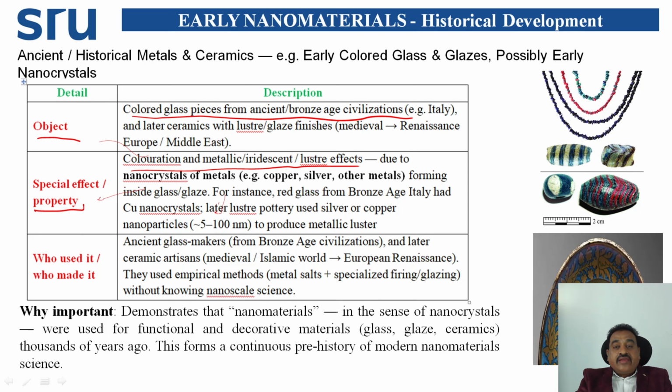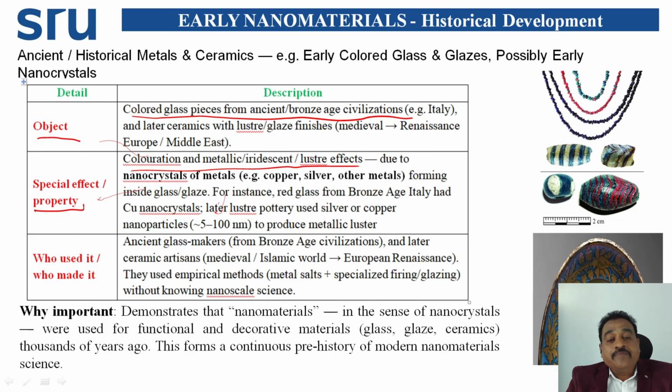So it is very important. So who used this one? Ancient glass makers from Bronze Age civilizations and later ceramic artisans. They used empirical methods, that is, metal salts added with specialized firing and glazing, without knowing nanoscale science.